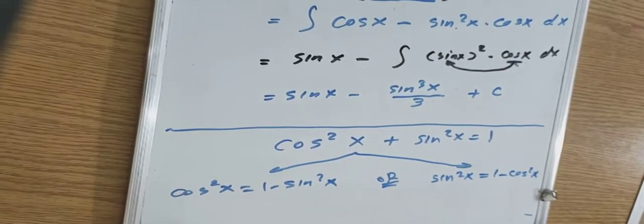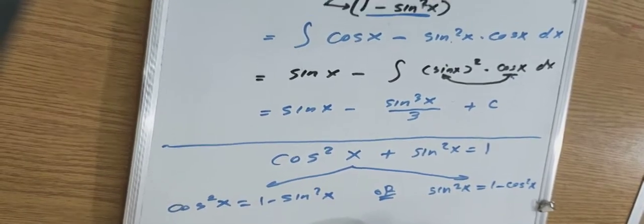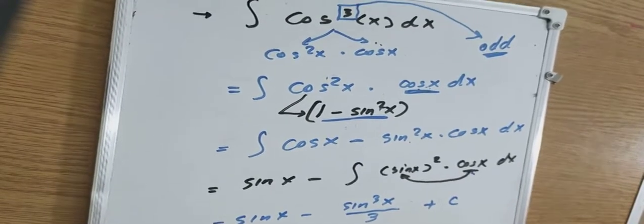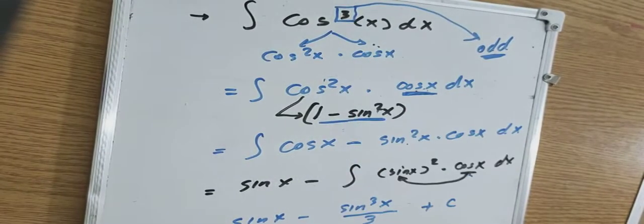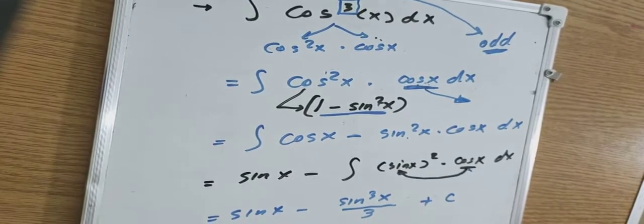So if we need to change from sine to cosine or cosine to sine without a root appearing, the power must be even, 2, 4 and so on. That's why if the power is odd, we can take cosine to be the derivative and change the even power to the other function.